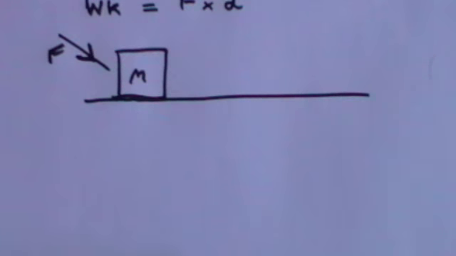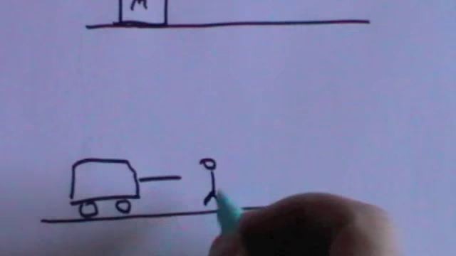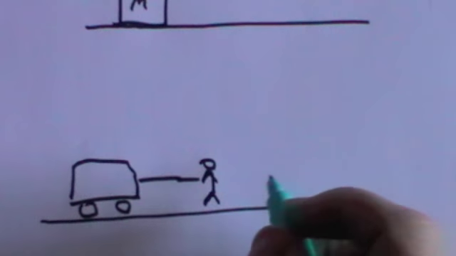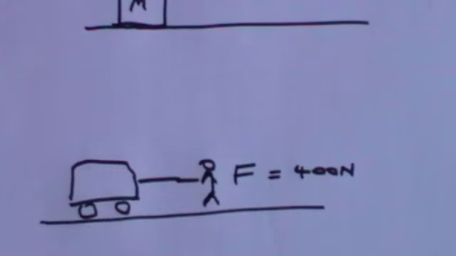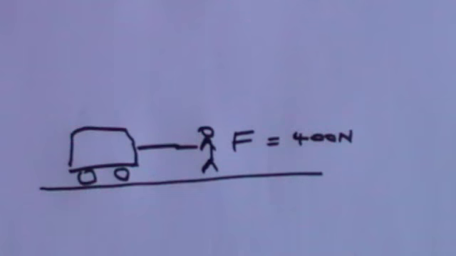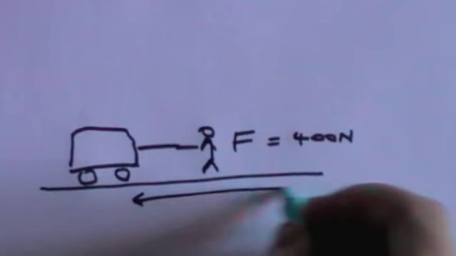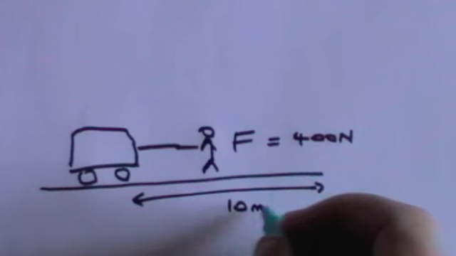Let's suppose that we have a cart and I am going to pull that cart, and I am going to exert a force of 400 newtons as I pull the cart, and I'm going to pull it a total distance of 10 meters.